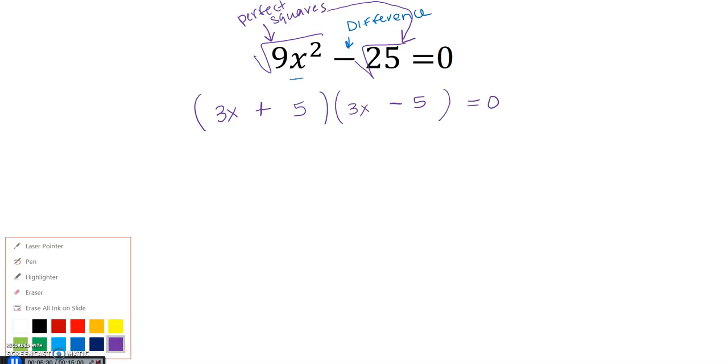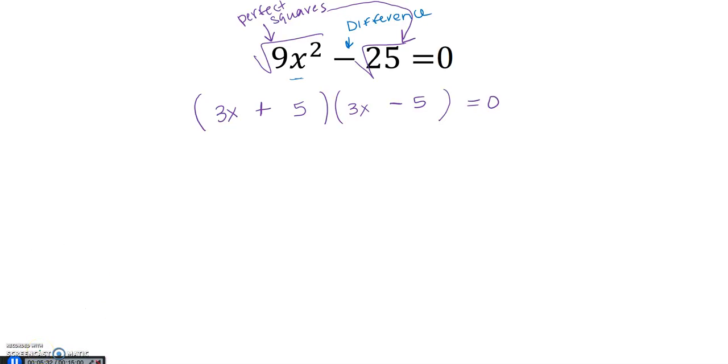At this point, all you have to do is set each factored portion equal to 0. So 3x plus 5 equals 0, and 3x minus 5 equals 0. And solve each little equation that you created individually. So x equals negative 5 over 3.